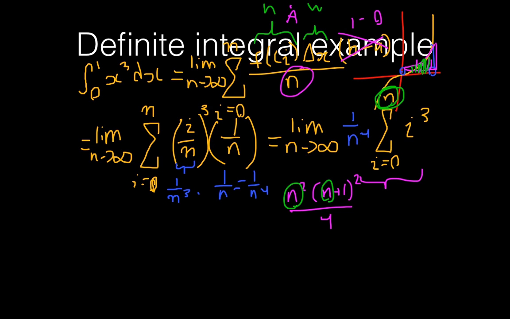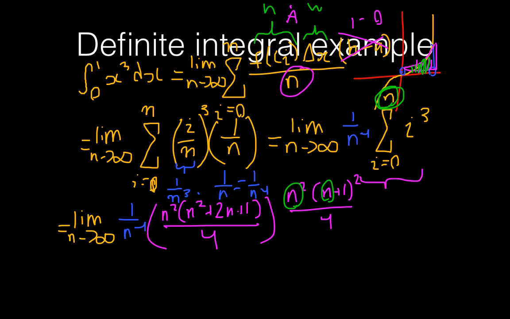Okay, so now we can simplify this further, and we now have the limit as n approaches infinity of 1 over n to the 4 times, now I'm going to expand this out, n squared times n squared plus 2n plus 1 over 4.